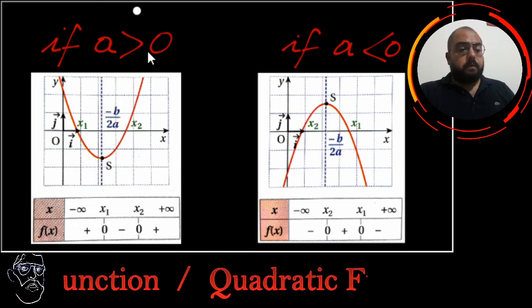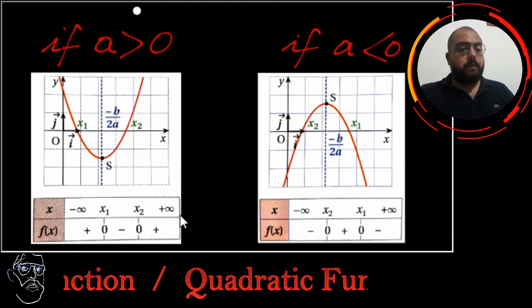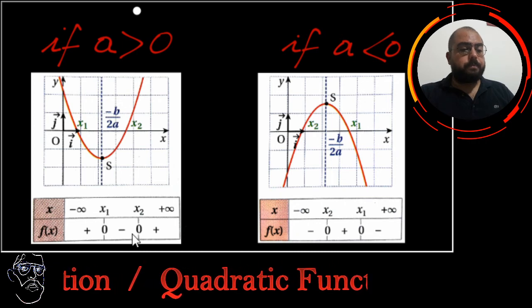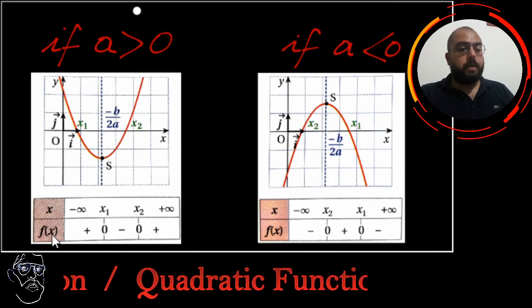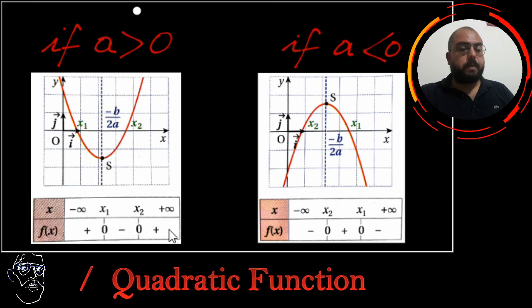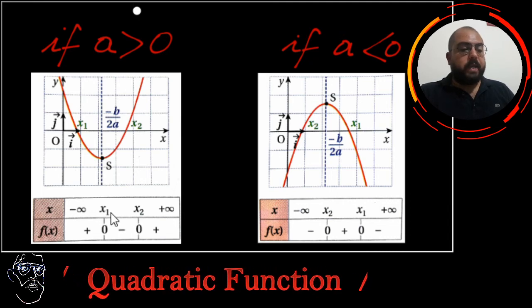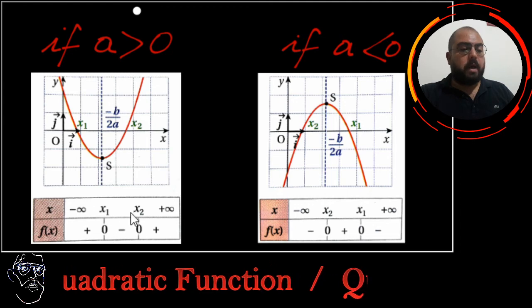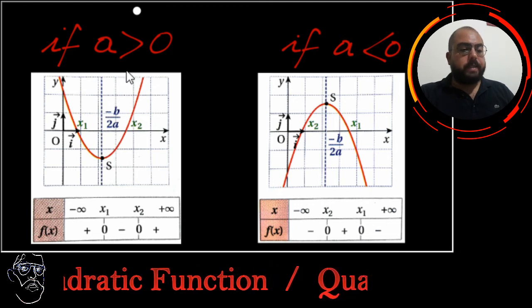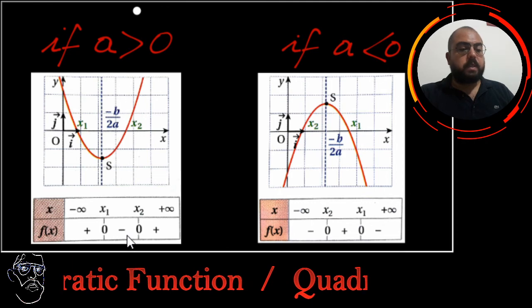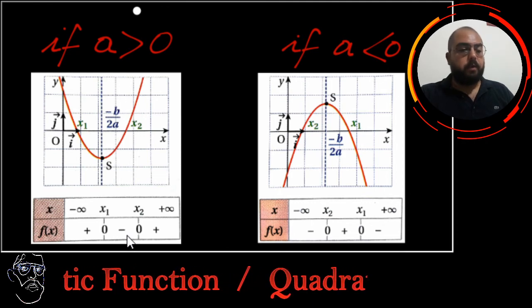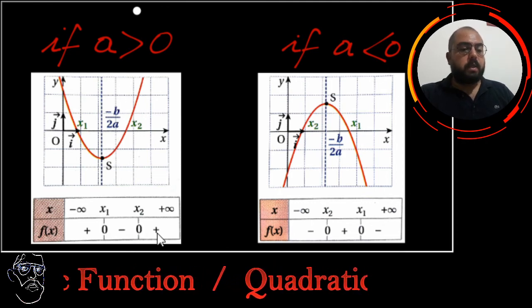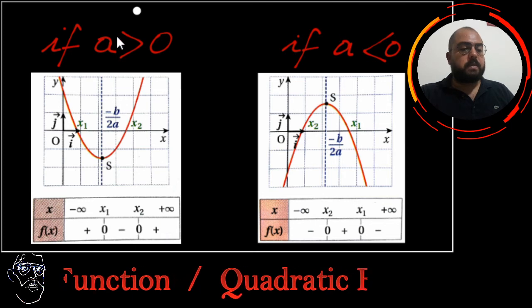When a is positive, x going from minus infinity to plus infinity, the function will be plus, minus, plus. Why? Between x1 and x2, it's the opposite sign of a. So a is positive, you will have to say it's negative between these 2 values. Outside x1 and outside x2, it will be positive, positive, the same sign as a.